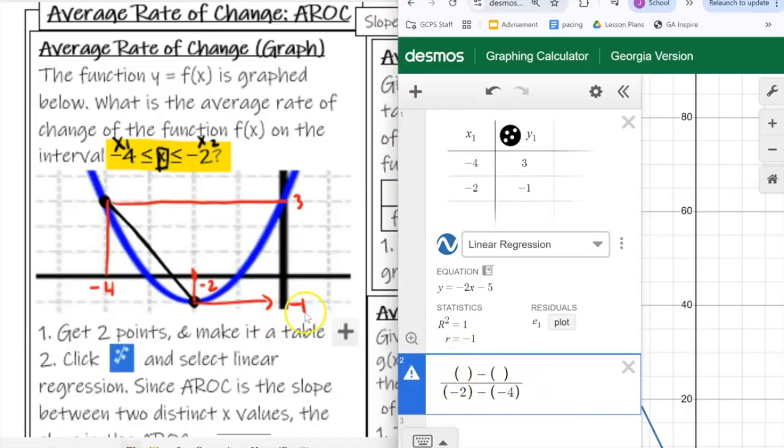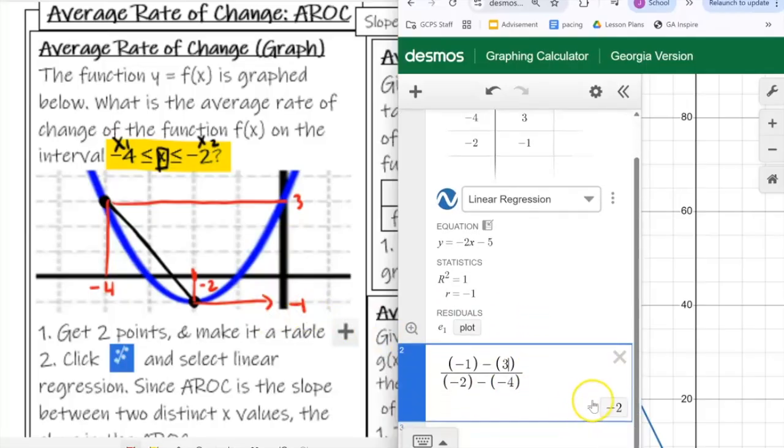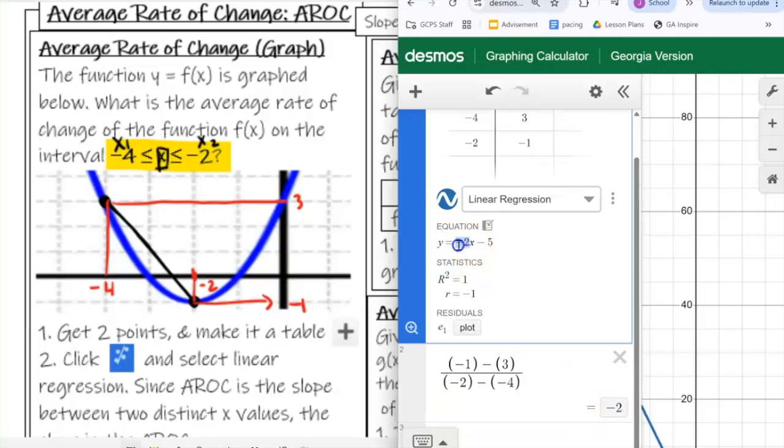So -2 goes with -1, and -4 goes with +3. And you'll see that you're going to get the exact same slope, because the idea is you're finding the slope between these 2 points. So if I made it a line of regression, then I can just quickly look at my slope, which is a lot faster than inputting all of this. So this is the method that we're going to go with for this unit, and then you're going to pick the method that you prefer.